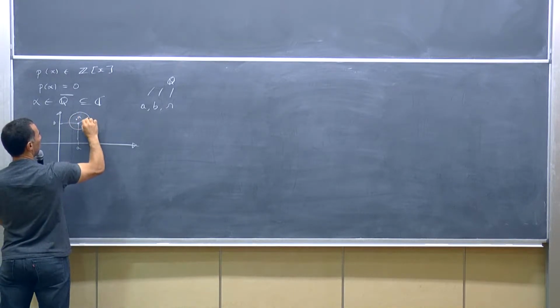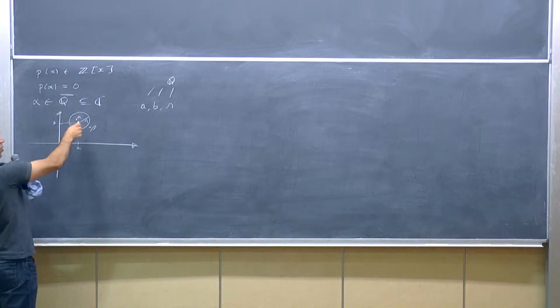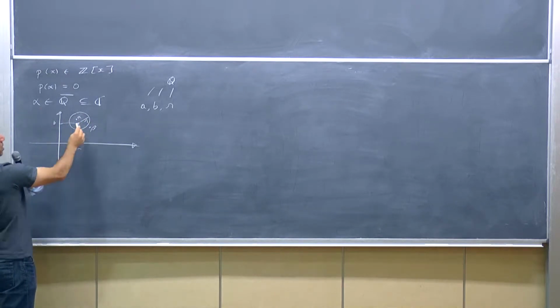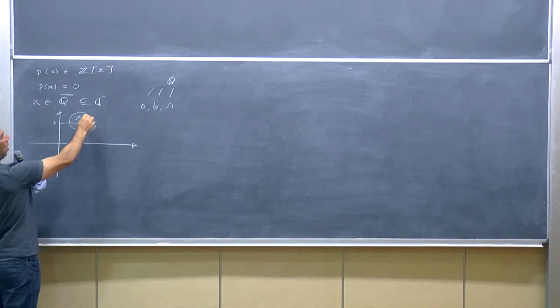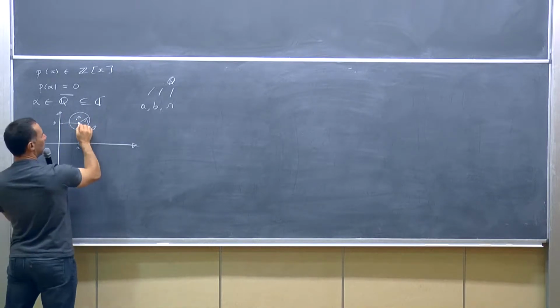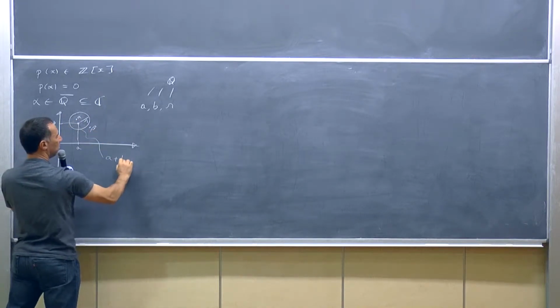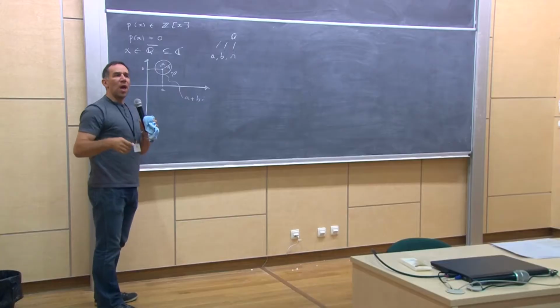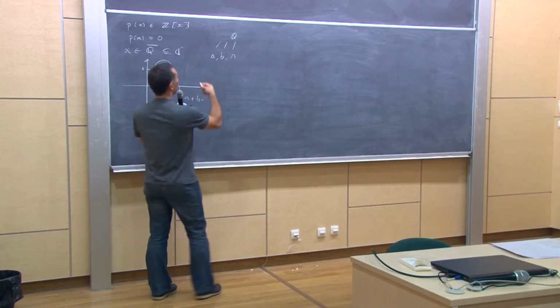Alpha is the unique root of the polynomial p that is within distance r of the point a plus bi. Okay? And that way of representing algebraic numbers actually makes sense.